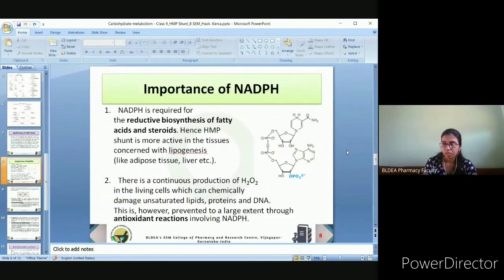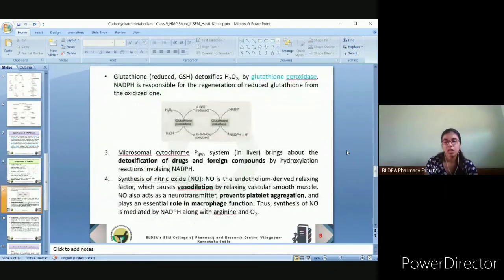It will help in the synthesis of fatty acids, and in the reduction of hydrogen peroxide via reduction of glutathione molecules. It will help in detoxification of drugs and foreign compounds. Also, it will help in the synthesis of nitric oxide with the help of arginine and oxygen. Now, the role of nitric oxide is to maintain vasodilation, and it also helps in prevention of platelet aggregation.